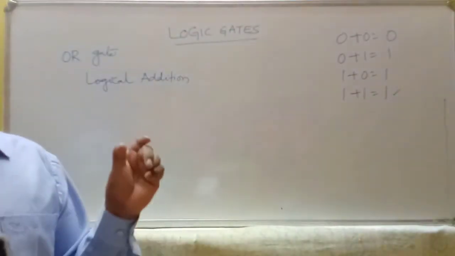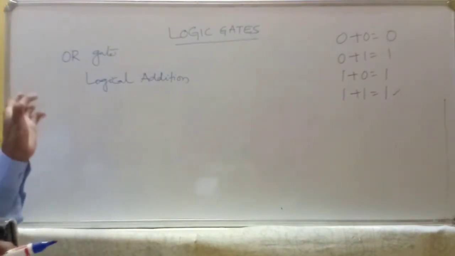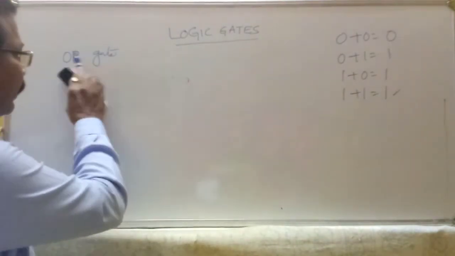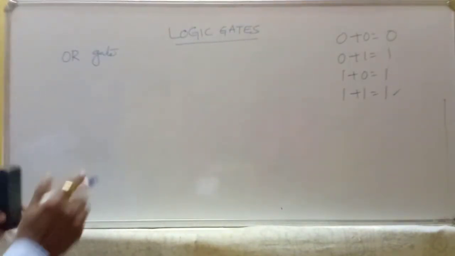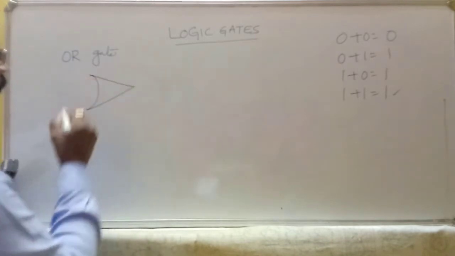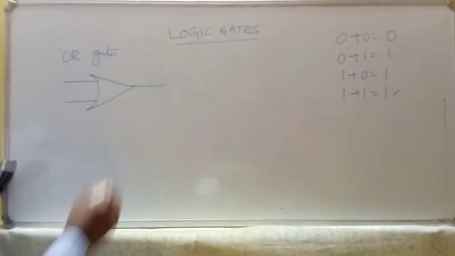The OR gate is a digital electronic circuit, a basic gate, which is used to perform logical addition. It can be symbolically represented like this. It has 2 or more inputs and only one output.